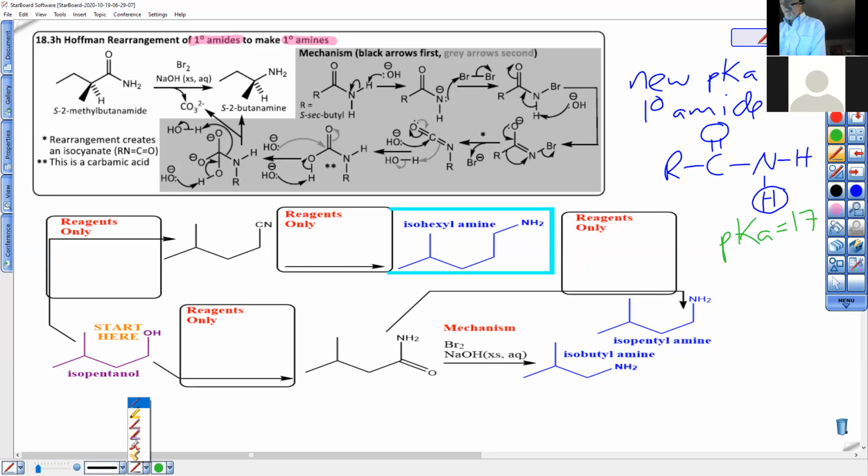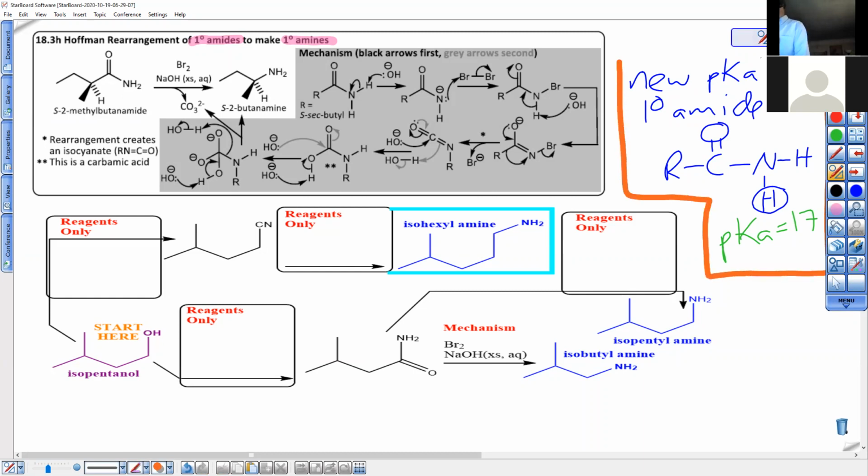So let's make sure we know that's important. So 17 can be taken off with hydroxide, which we're doing in step 1, and then again in step 3.